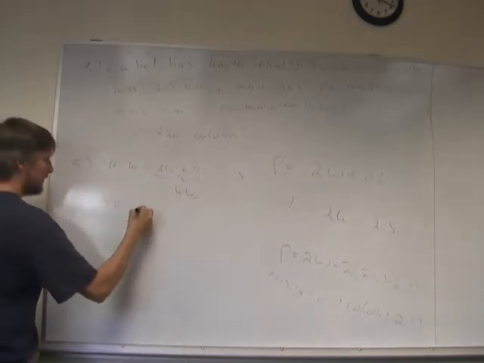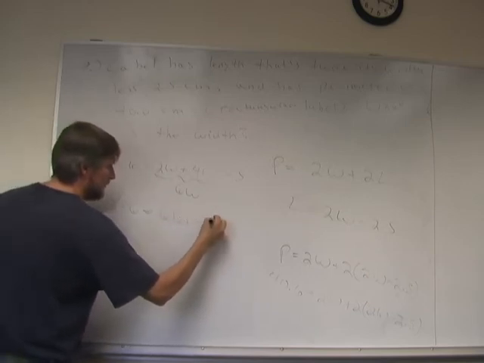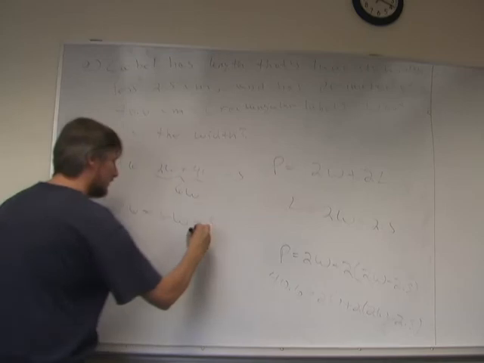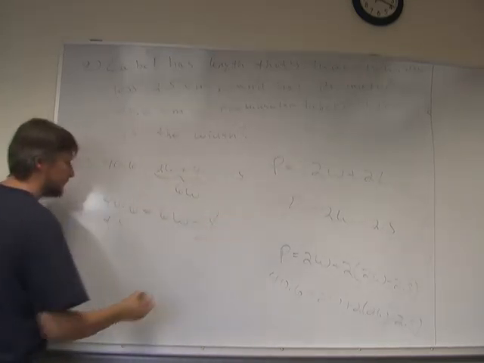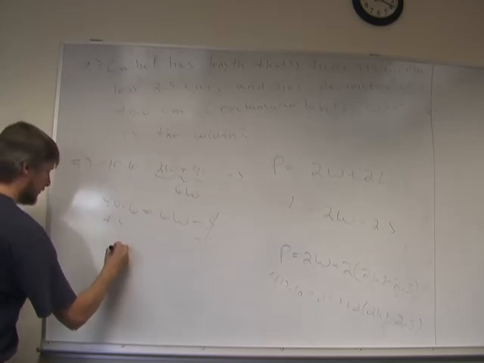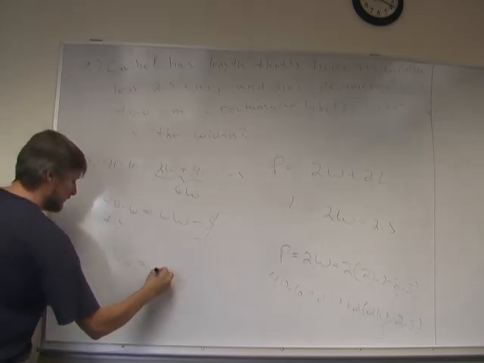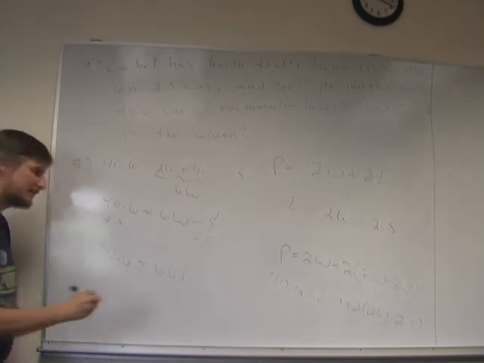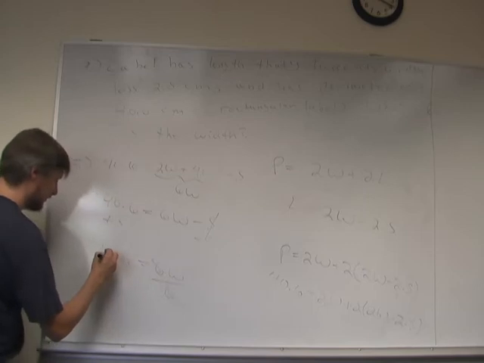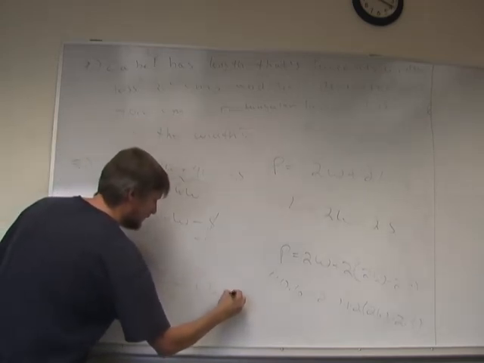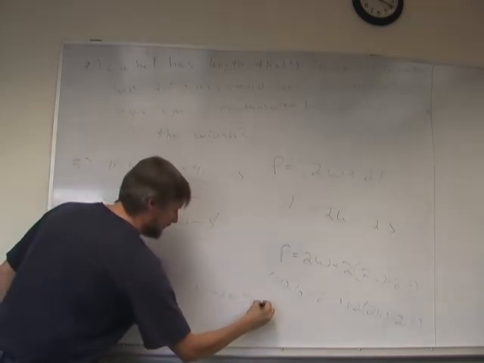So 40.6 is 6W minus 5. Let's add 5 to both sides. We add 5. These 5s will cancel out. We have 45.6 is equal to 6W. We just have to divide by 6. We get W is equal to 7.6.